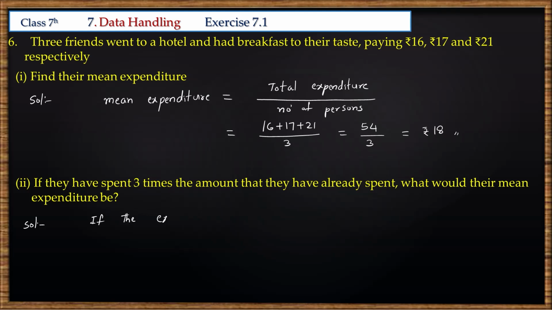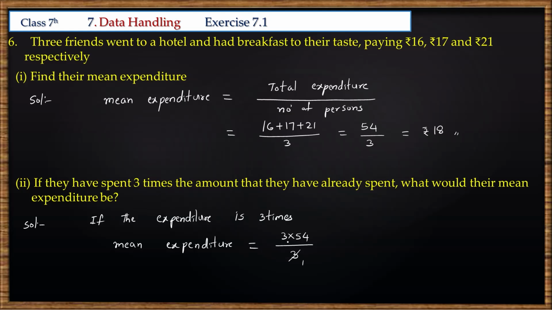If the expenditure is 3 times, then mean expenditure is equal to 3 into 54, 3 times of the expenditure, because the total expenditure is 54, so 3 times of 54 divided by 3.